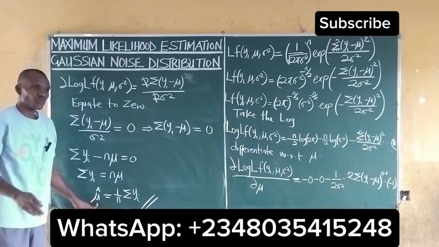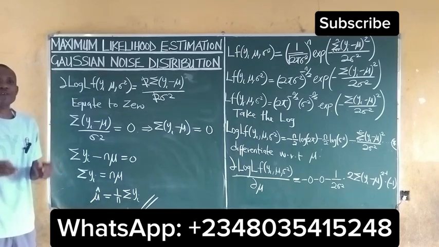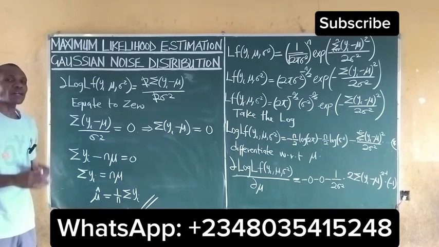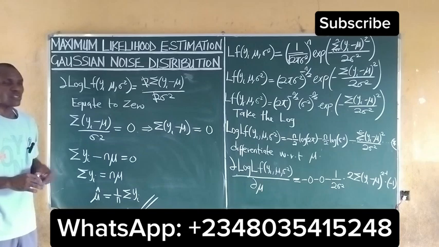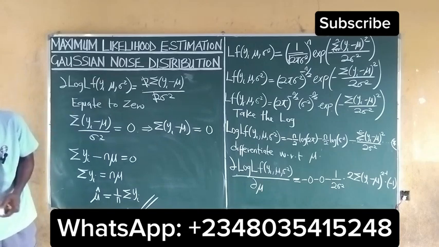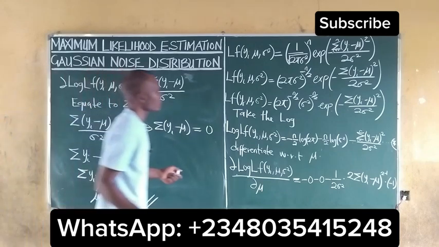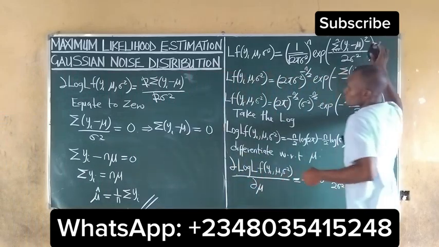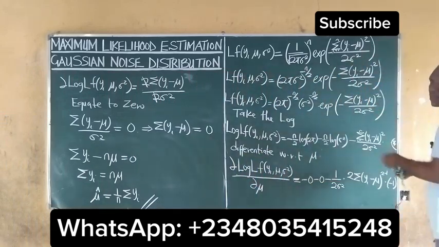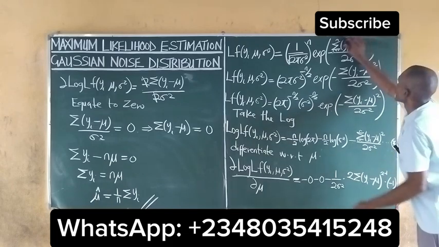The next thing to do is to look for the variance. How do we look for the variance? We move over to this side. This is our mean. We have gotten it.